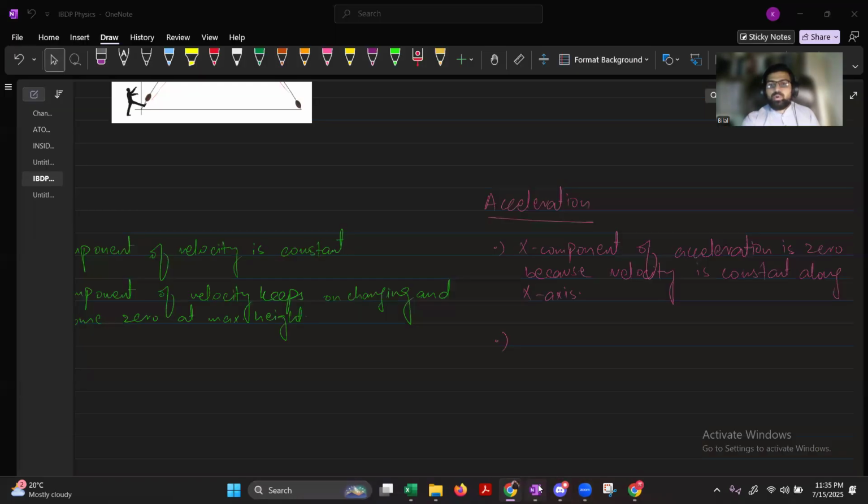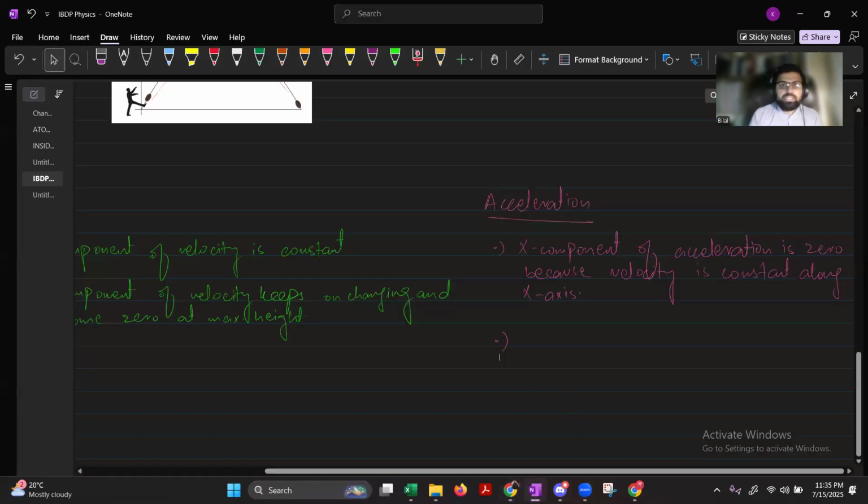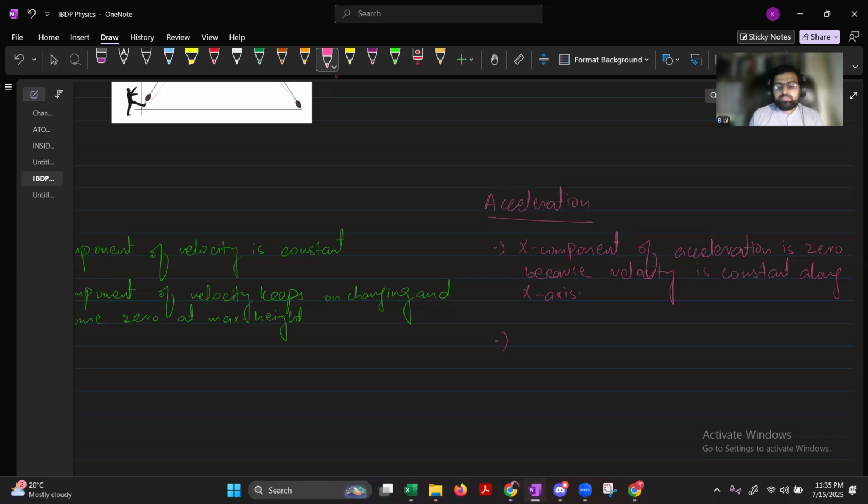Okay. So about the vertical component, we can say a projectile will have a constant value of y component of acceleration.